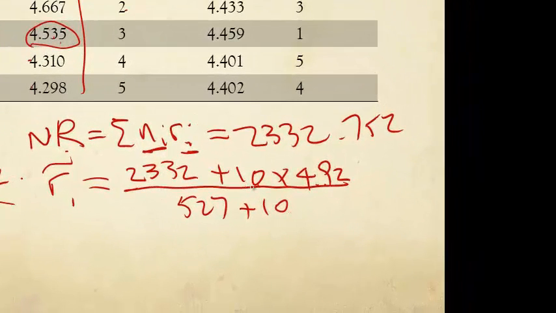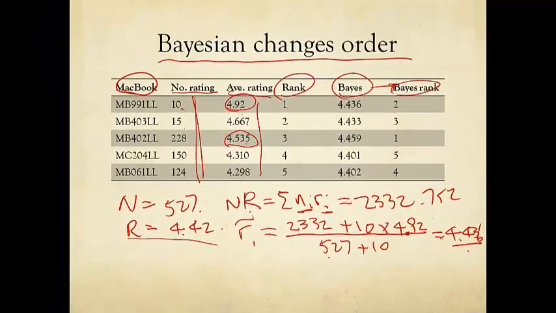Clearly, this 10 times 4.92 is one of the 5 components of this term, and 10 is one of the 5 components of this term. The resulting number is 4.436, which is much lower than 4.92, because relative to the total number of ratings, 10 is a small number. So the Bayesian adjusted average is 4.436.